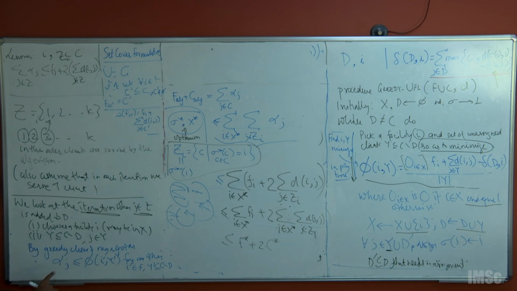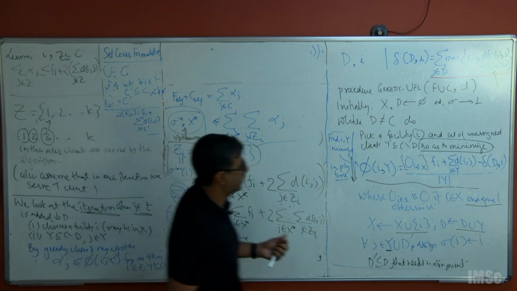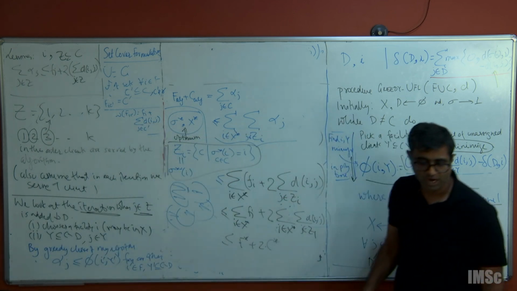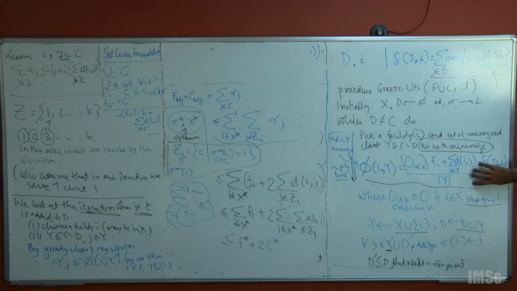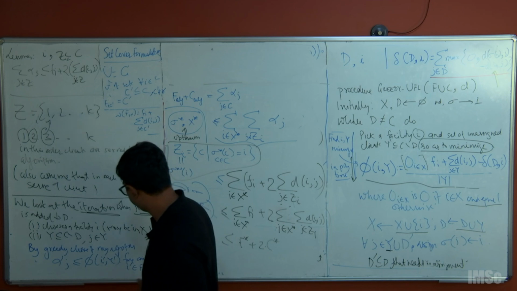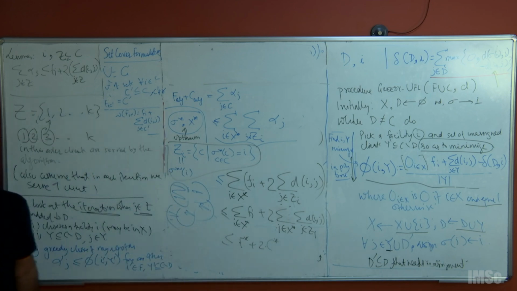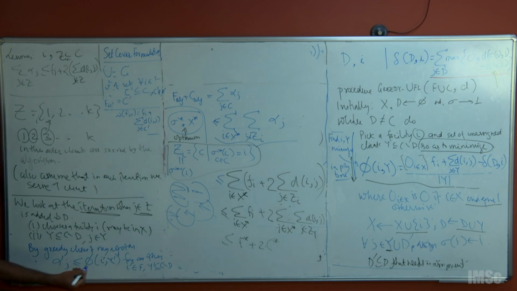Because alpha j is basically the cost this client will pay at that point of time. Greedy decided to choose i and Y because for any other set, this cost was much more. For any other facility i', this happens. So this is what is in our hand.